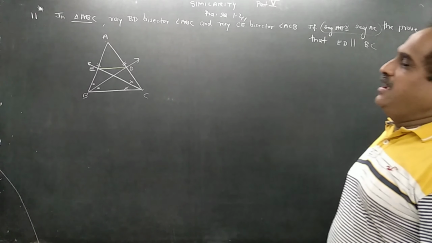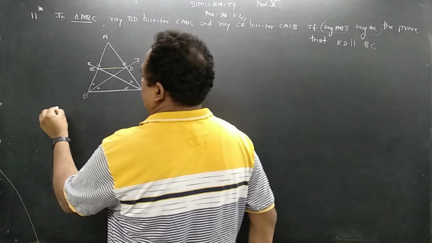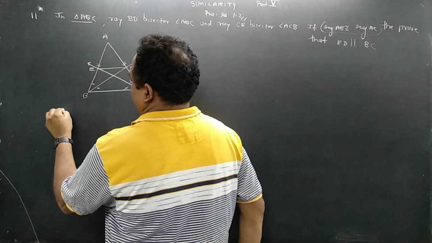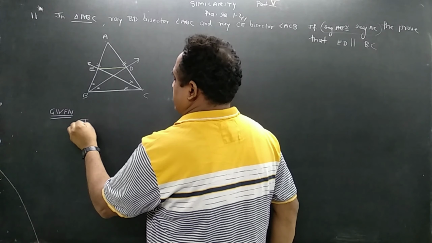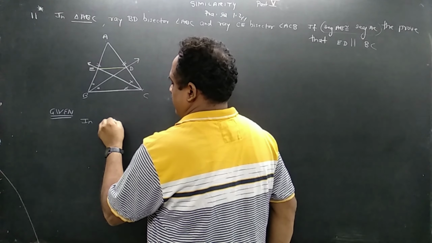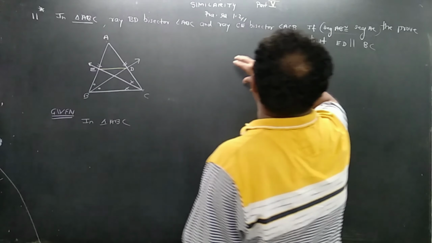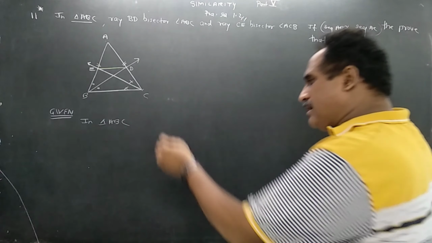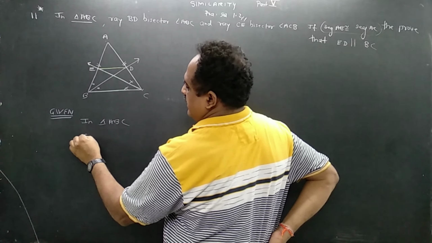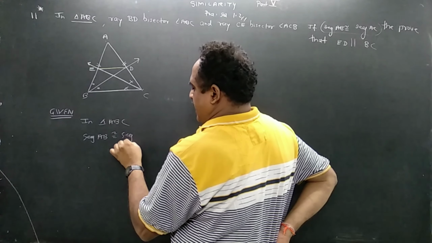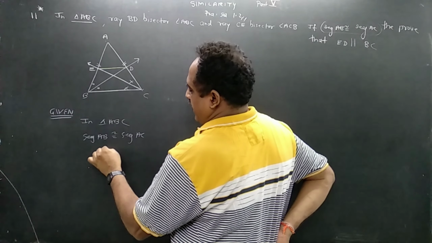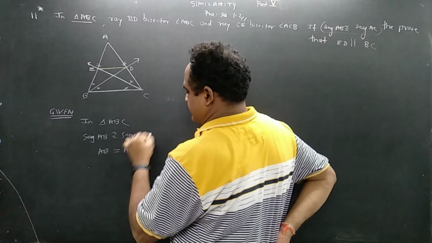So once again, we'll see what is given to you. Given in triangle ABC, they have given at last the segment AB, so we'll write it first. Segment AB is congruent to segment AC, or AB is equal to AC.